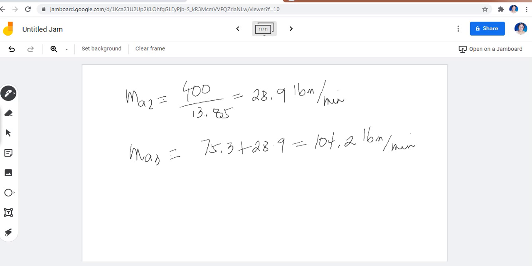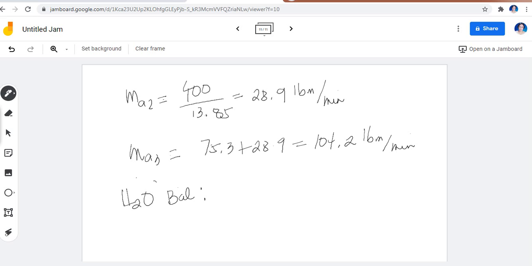Now, if you're going to do energy balance, no, not energy balance, by the way, we will use water balance. If you're going to use water balance, we need to account for the total water coming in.